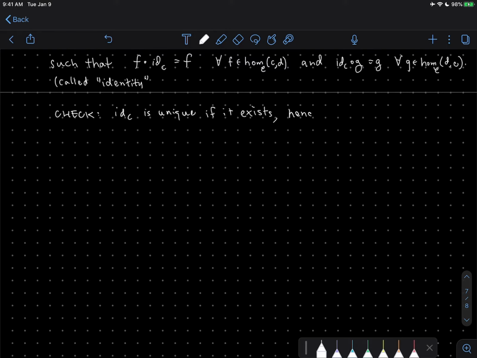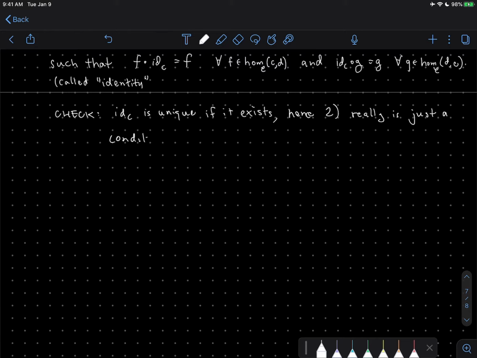Hence 2 really is just a condition, not additional data. Great, so that is the definition of a category.